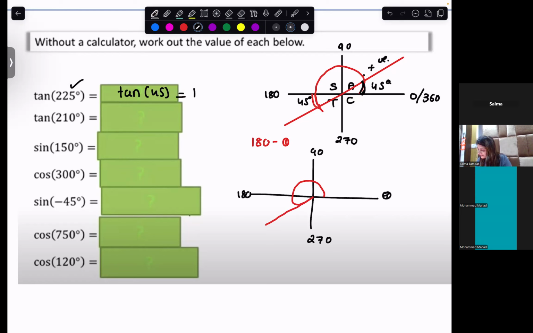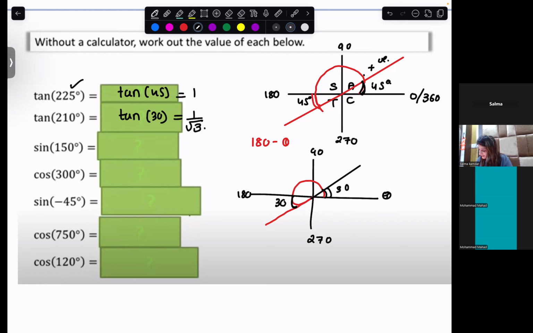Now you do 210 minus 180, which is 30 degrees. Where else is tan positive? First quadrant. We always remember that with the reflex angle, it becomes a bit easier. So this is equal to tan 30, which is going to be 1 by root 3.